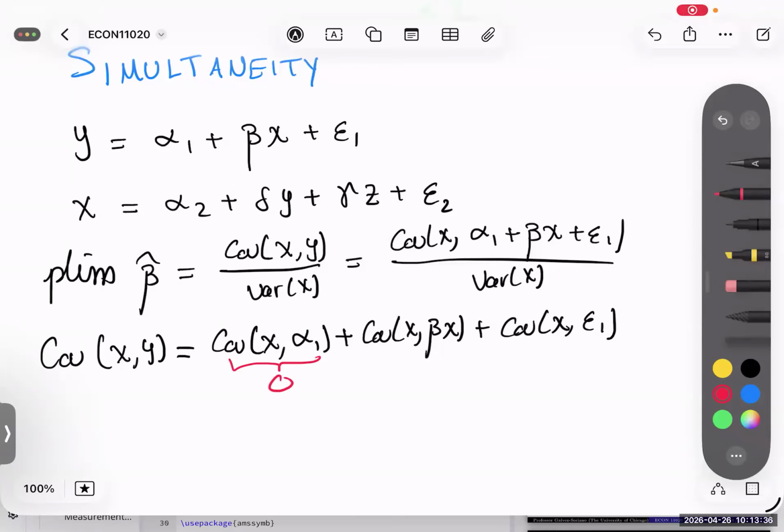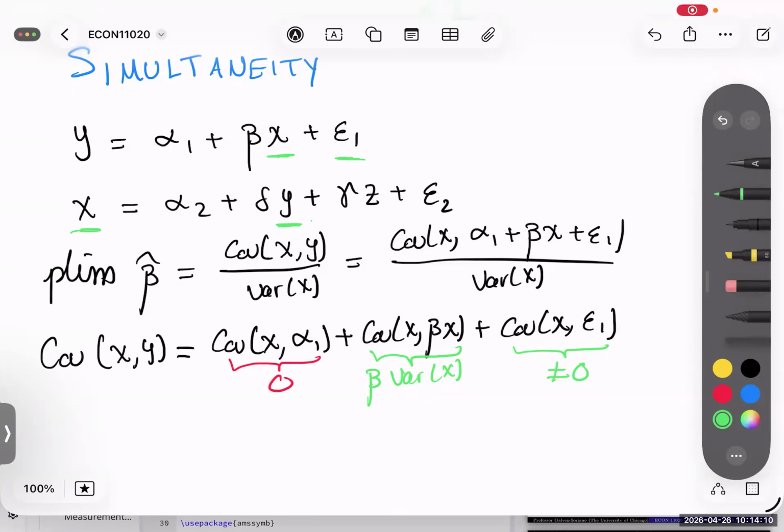You also know that this one is beta times the variance of x. But we don't know anything about these other terms, right? At least the only thing that we know is that it's different from 0. And the reason why it's different from 0 is because you can no longer use the orthogonality assumption for these two, because it turns out that y is also explained, sorry, x is also explained by y.